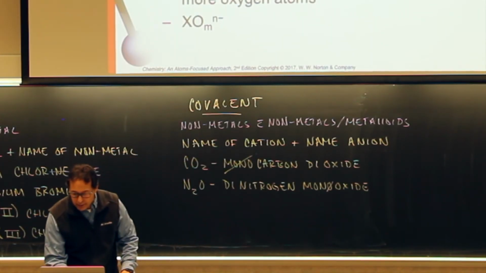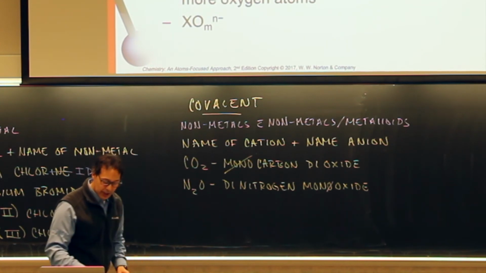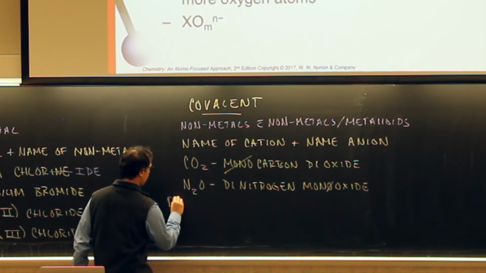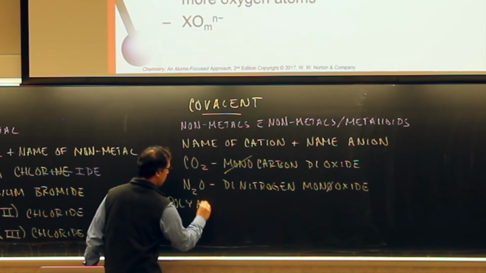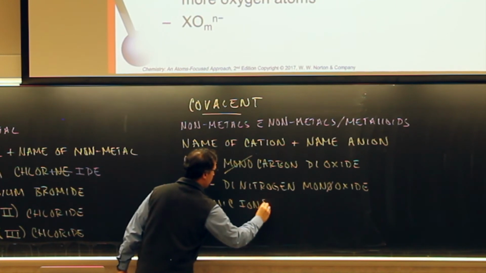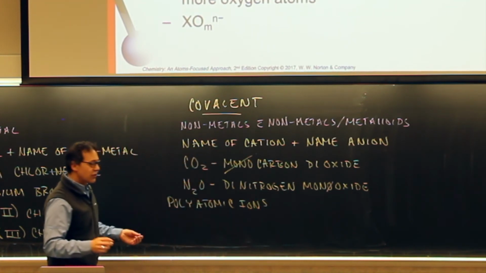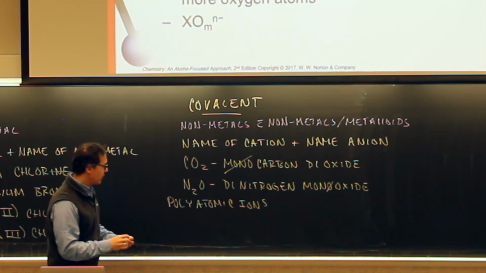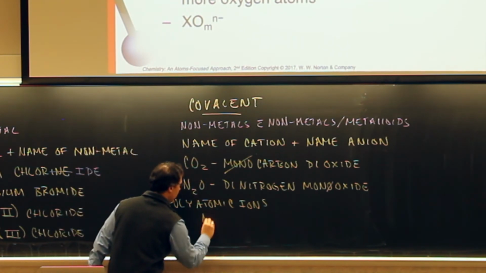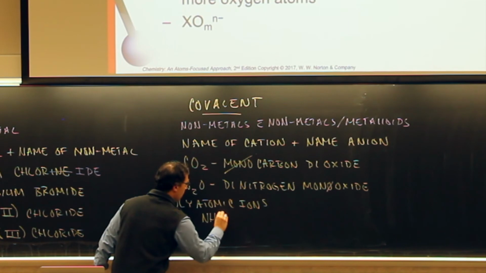Okay, so polyatomic ions. These are multiple atoms joined together, and we have a charge. So for example, we have NH4+.